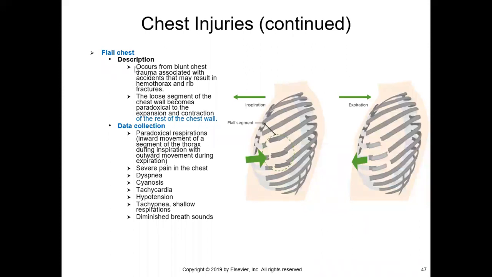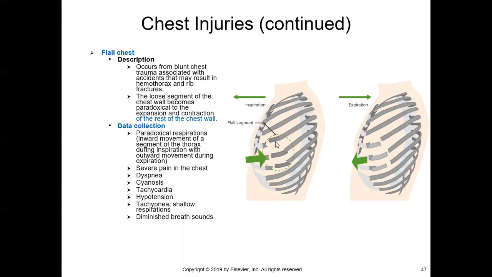So flail chest occurs with blunt chest trauma associated with an accident that may result in hemothorax and rib fracture.